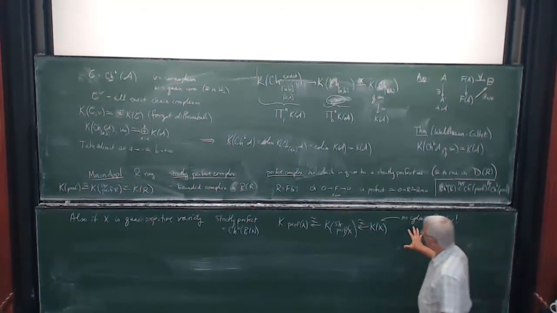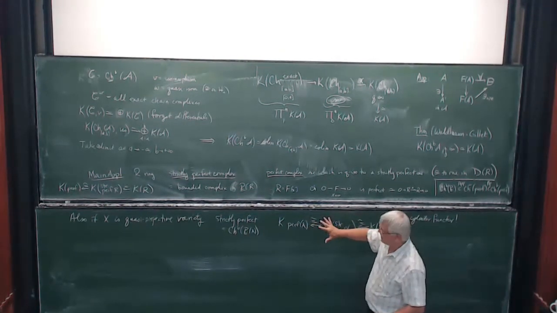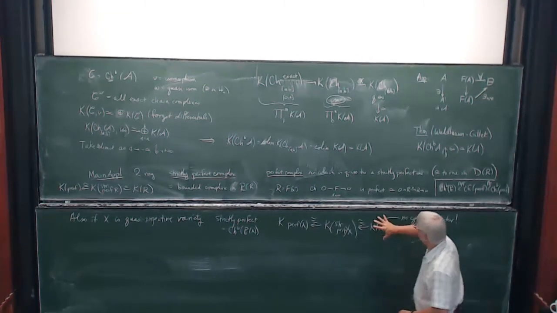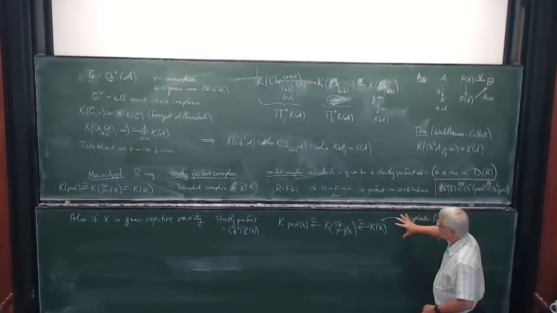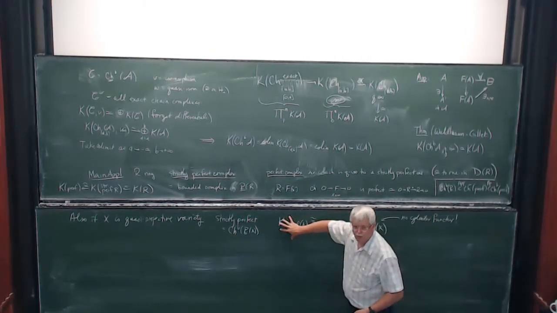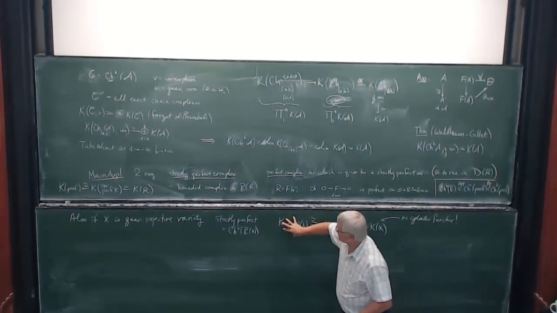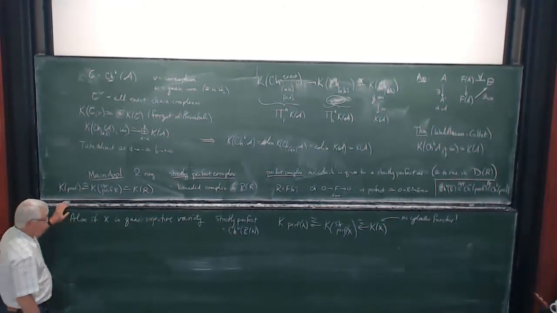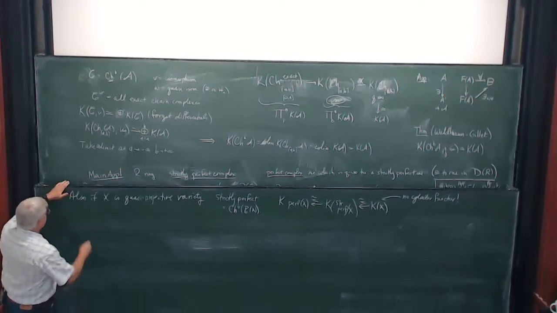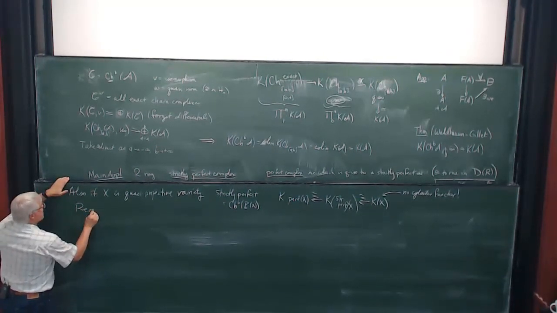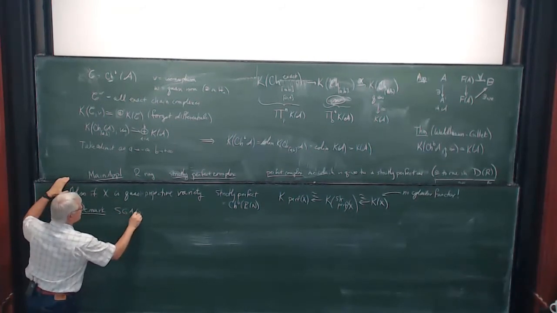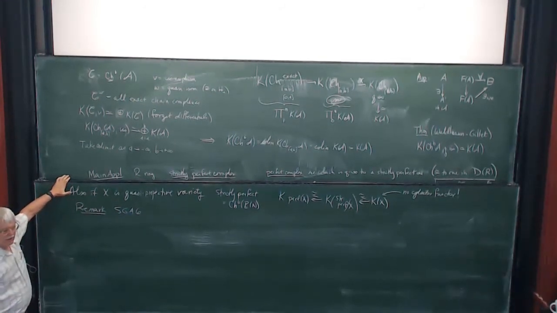And so what has happened since Thomason and Trobaugh's paper was written 20 years ago is that people have stopped looking at this viewpoint and have started looking at this viewpoint. So looking at the K-theory of perfect modules was presaged by Grothendieck a long time ago.